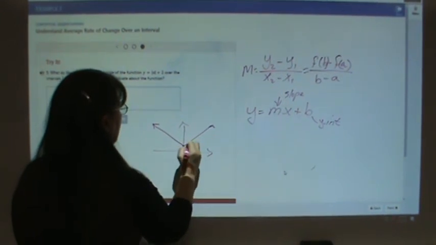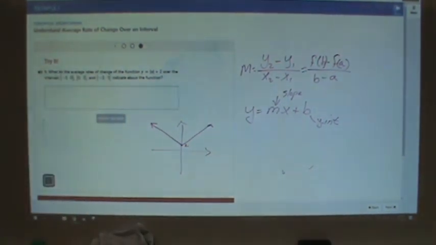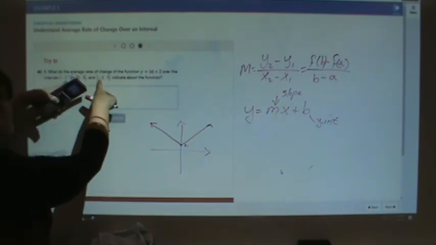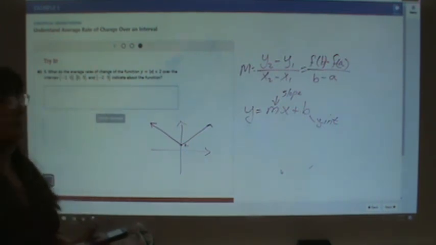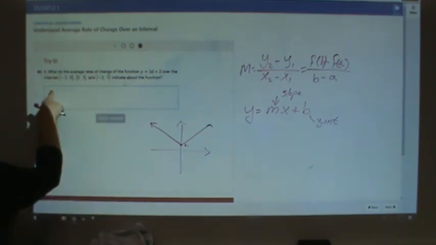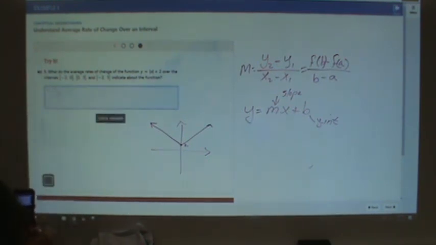This is going to be a 2. So you want to find the slopes between these two, and those two. I'm going to let you go ahead and find that, but we're going to find out what the answer is, which you should already know.